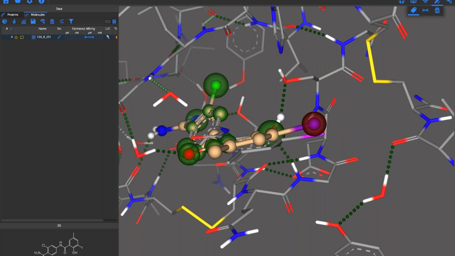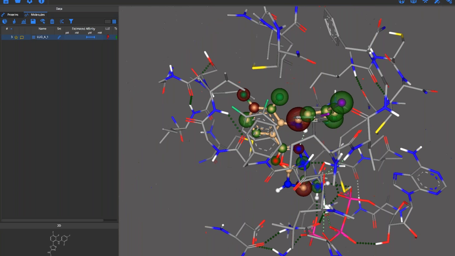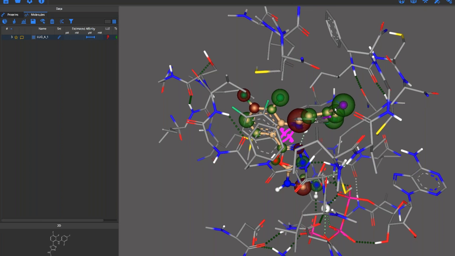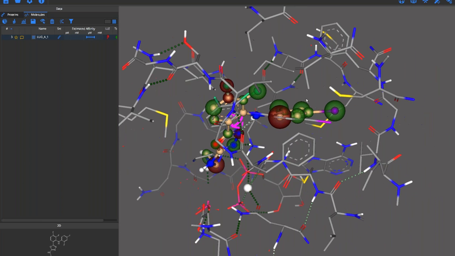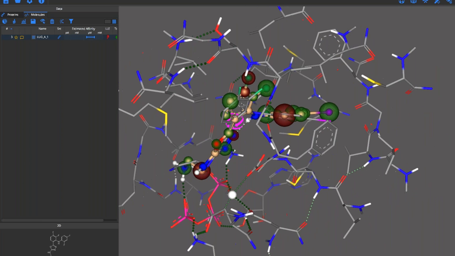So lastly, I would like to show a MAP ERK kinase inhibitor, which does form interesting conformations here, or arrangements, sorry, with the backbone of the protein.